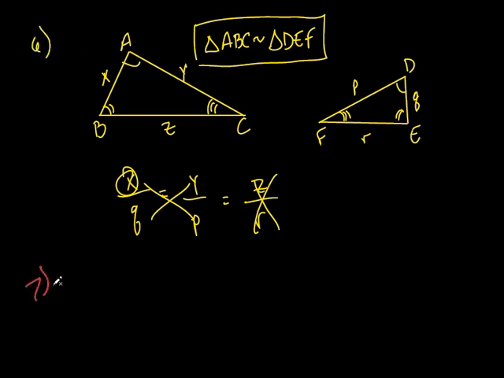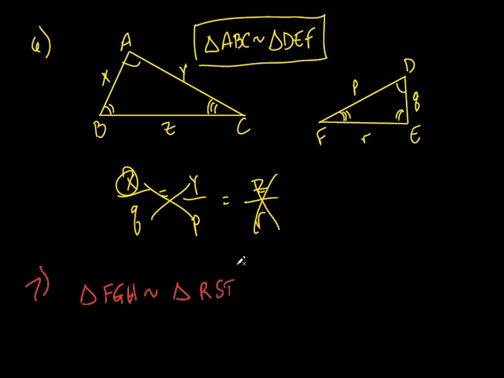Let's see. I want to spell this one. It's pretty much like this, except they don't draw the pictures for you. They'll say, like, triangle FGH is similar to triangle RST.